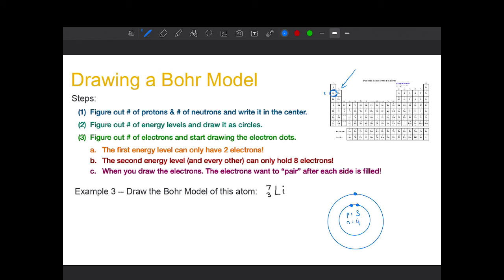Okay, so remember, the first energy level can only hold a maximum of 2, and they're going to pair up right away. The second energy level can hold a maximum of 8, but since we only need a total of 3, I'm just going to put 1 more, and it's going to belong up there. Just up, down, left, right, until you get to the correct amount, okay? So we have our lithium Bohr model here, specifically lithium 7.